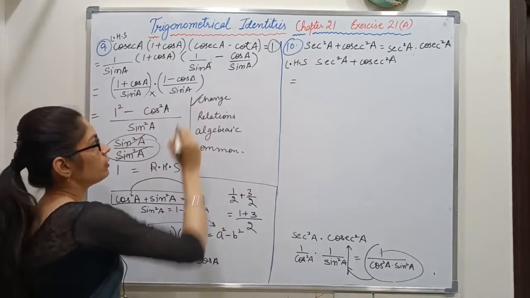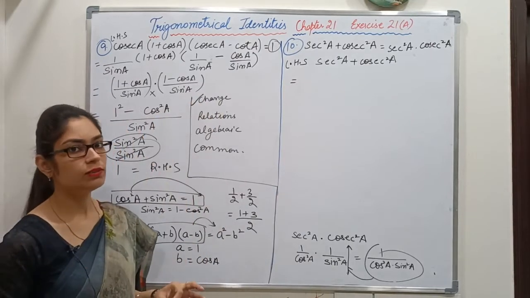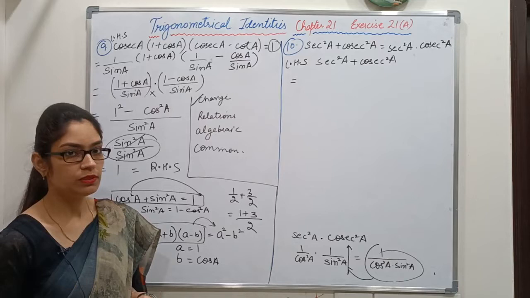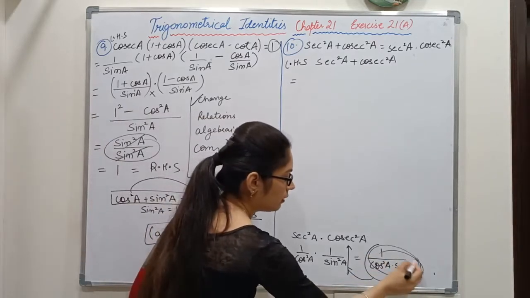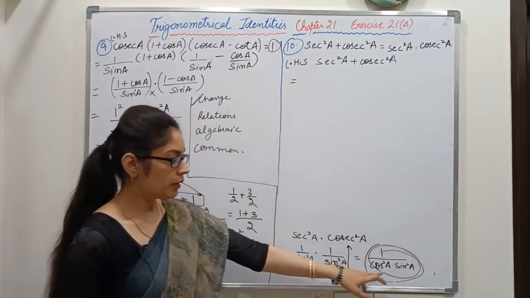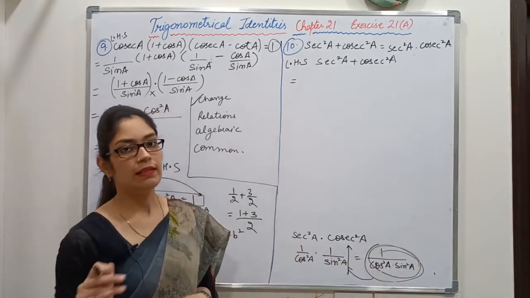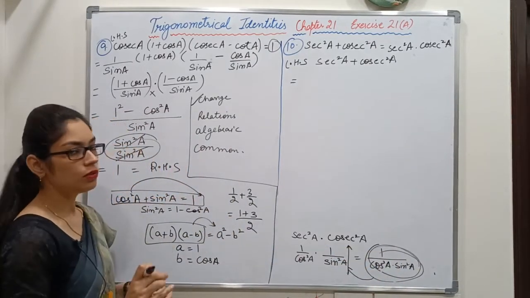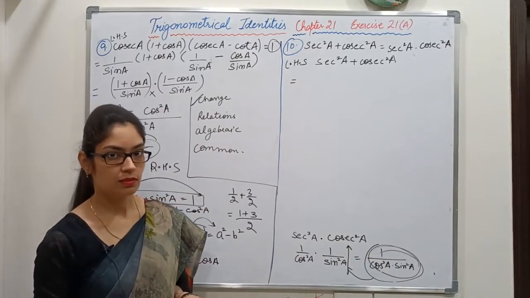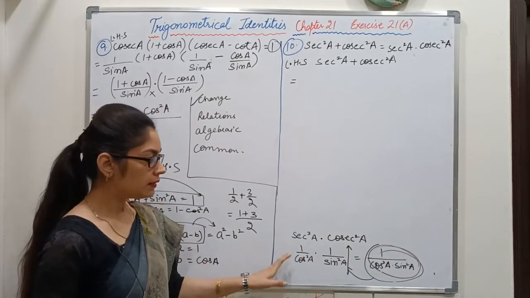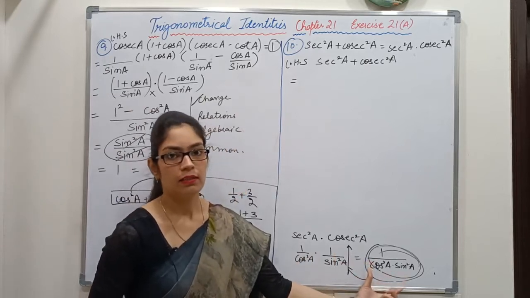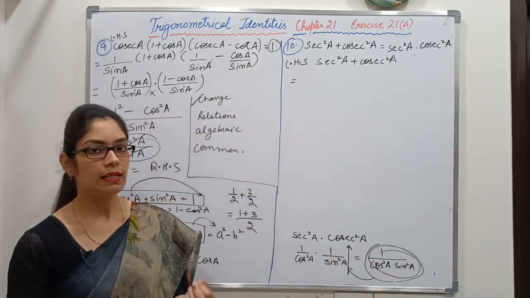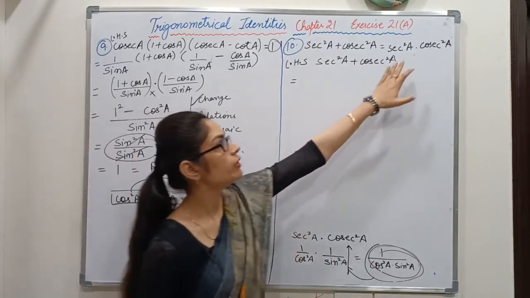Here also, we are not sure what we have to change it to. So we have to change it to sine and cos. It's not compulsory that in every question we have to do it. But since I saw that I need something in the form of sine and cos, only then will I reach here.